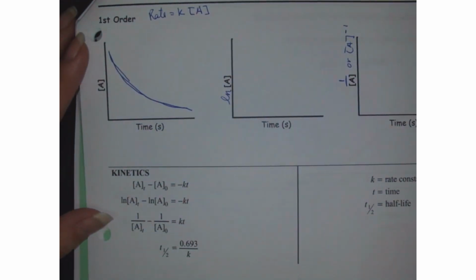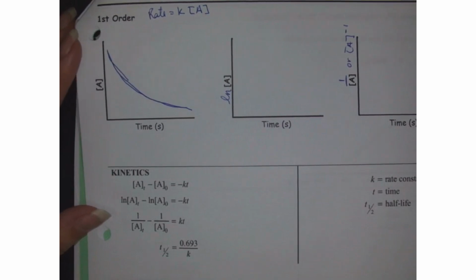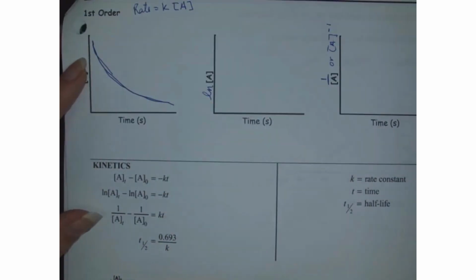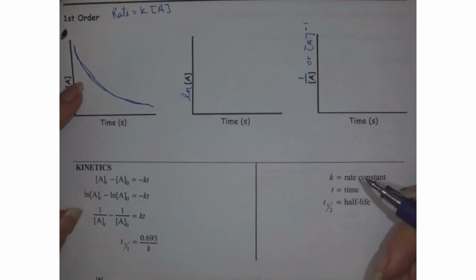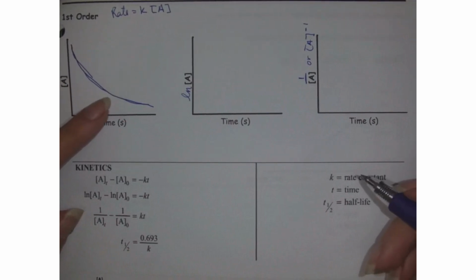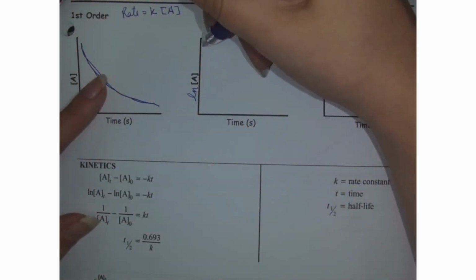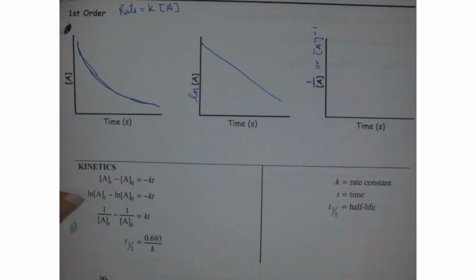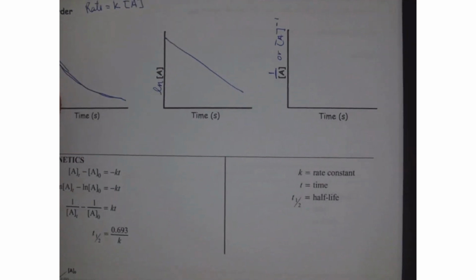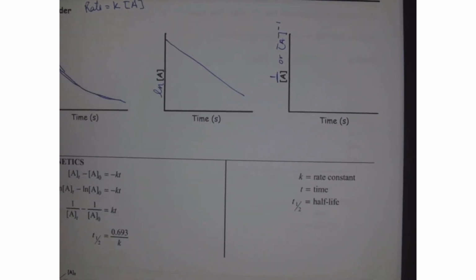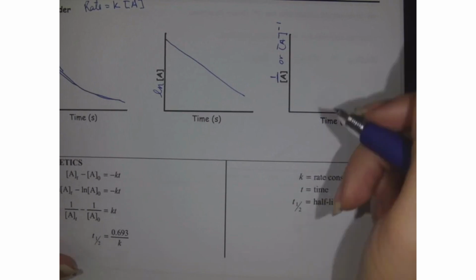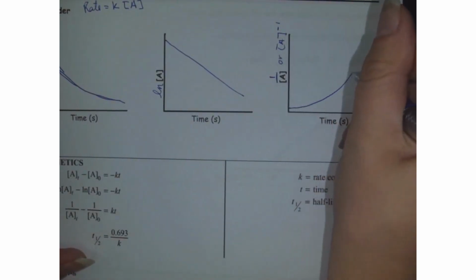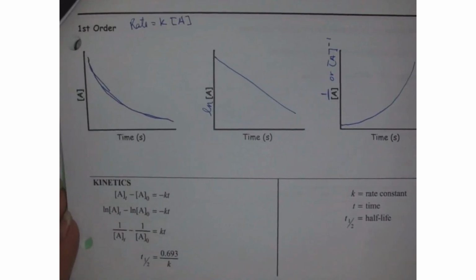Like it's curved and it's decreasing over time. I didn't draw that very pretty, but that's what we would see. When it's first order and we have a natural log versus time graph, you get something like this. And when it's first order and it's an inverse versus time graph, we tend to get something that looks like this.